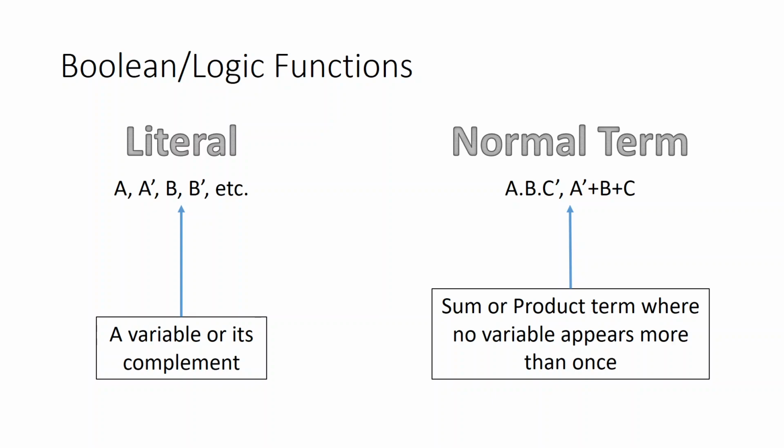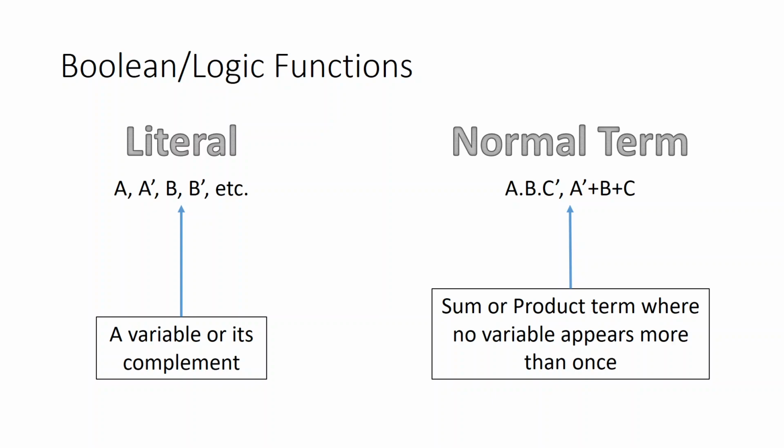So, when we are talking about a literal, we must understand it may be some x or x dash, it may be some y or y dashed, only a single variable. However, if we have a combination of variables, then it becomes a normal term.